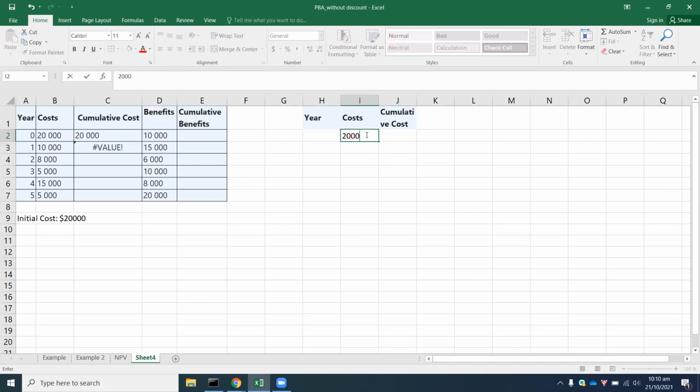For example, you have 20,000 and equals to, click on this. Okay, that works. So I put in 10,000 here is equals to 20,000 plus click on I3. Now it works. It's just that I had copied from Moodle, that's why it's not working well. So let's readjust this very carefully.